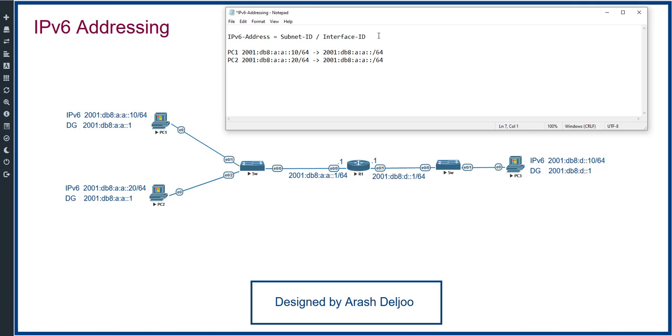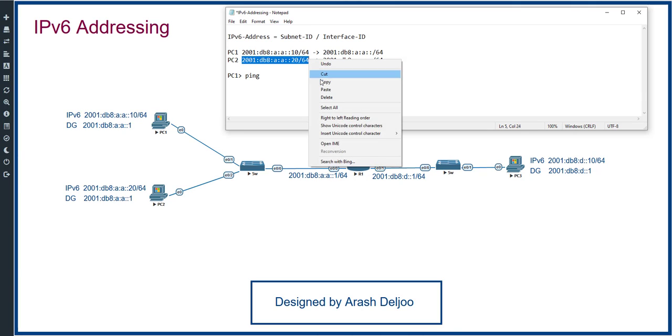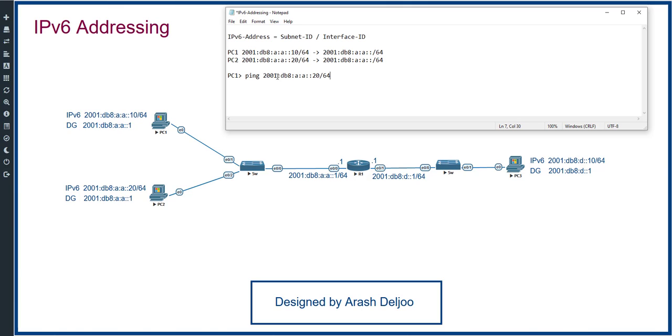When you try to send traffic from PC1 to PC2, we have a similar process. For example, you type ping and the IP address of PC2. First, PC1 should compare the number of bits equal to its subnet ID with the destination IP.